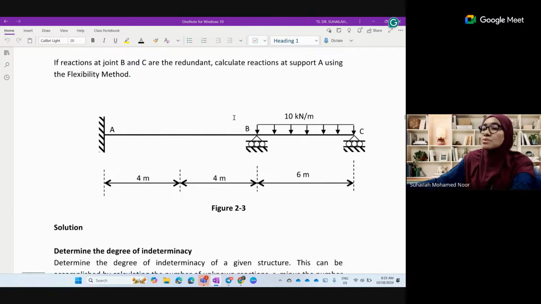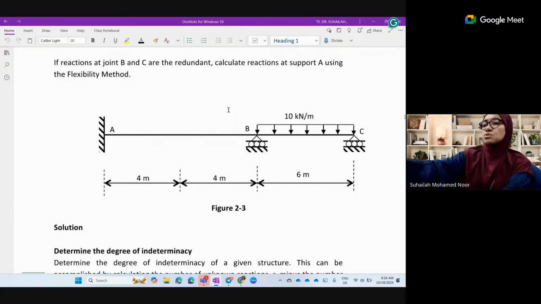We can remove both B and C to have a cantilever beam. Or we can remove one from the fixed support, for example turning it into a pin, and remove one at B, for example. So MA and BY.